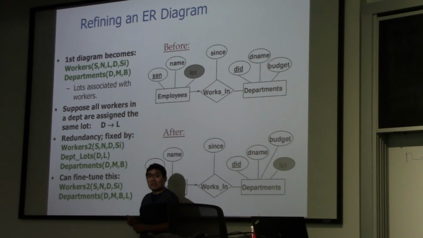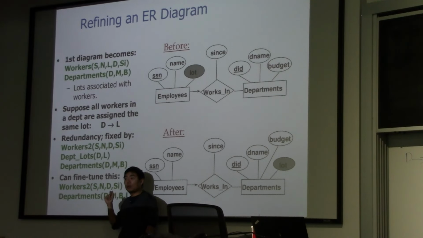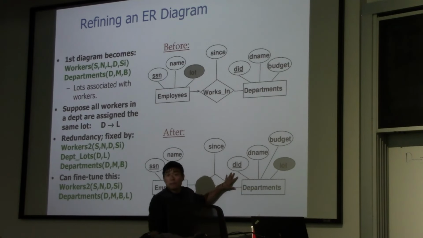And in fact, once you move lot here, this functional dependency is automatically enforced by the key constraint on this table, because DID is the key for this table. You don't even have to introduce additional constraint to enforce this. So that's a better design.